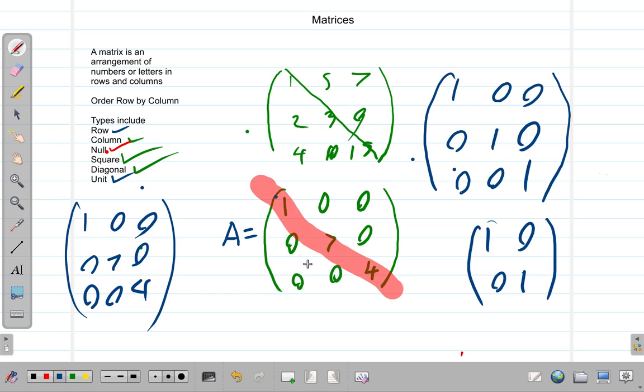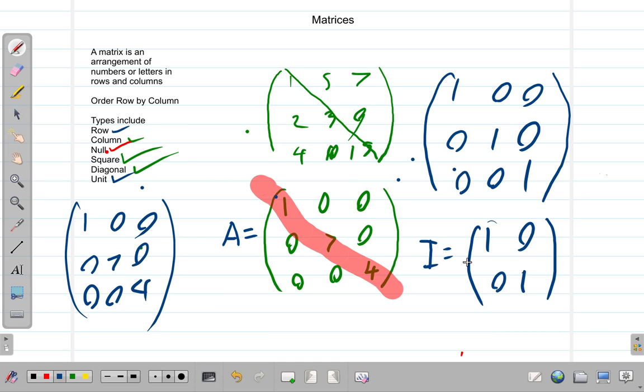Now, when it comes to the letter I, the practice is to reserve the letter I for unit matrices only.